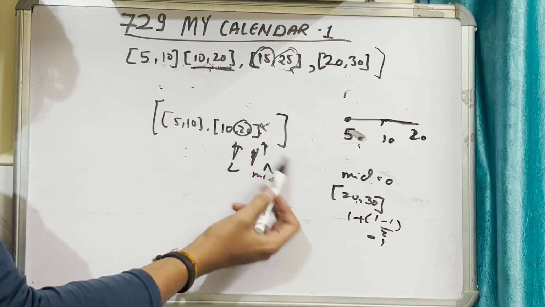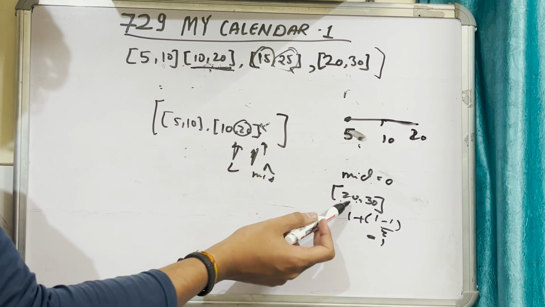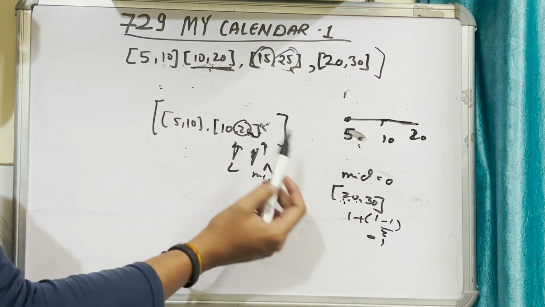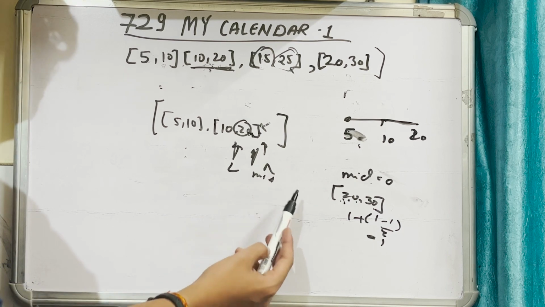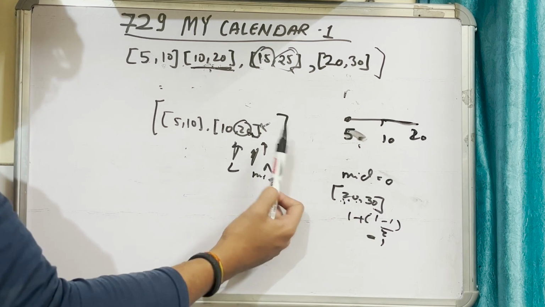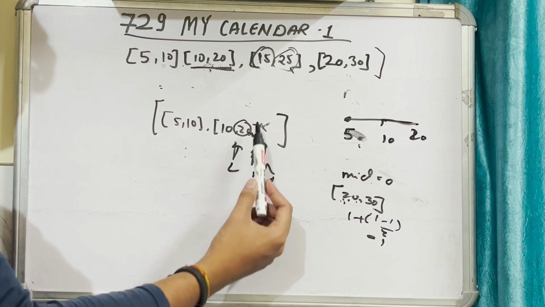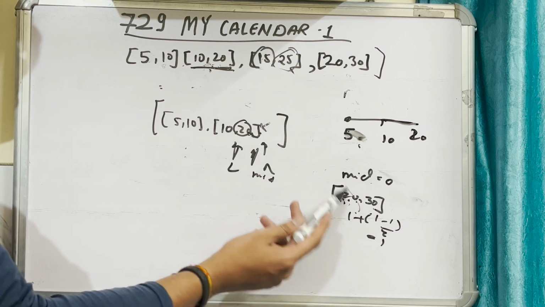So you can see it is not coinciding, as the value is not less than this value and this is greater than this. So second case can be if this is smaller, this is not smaller, you can say 20 is not smaller than this. So the third case is if this is greater, this is greater.